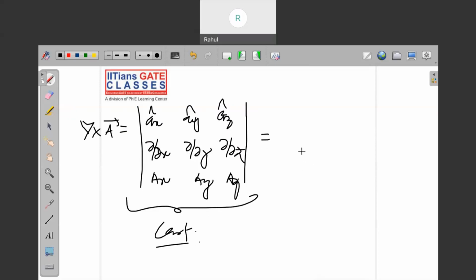Now in case of cylindrical, you have to be very careful. The elements of this determinant will be: a rho cap, rho a phi cap, a z cap; then del by del rho, del by del phi, del by del z; and the components A rho, rho A phi, Az. Use the determinant concept to compute curl.